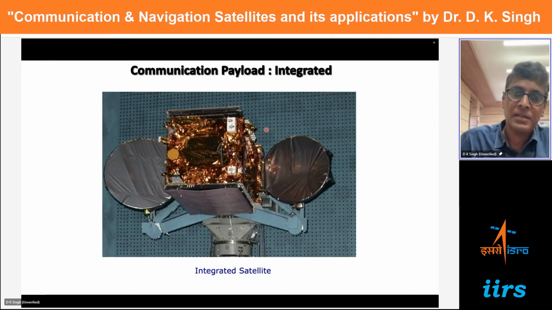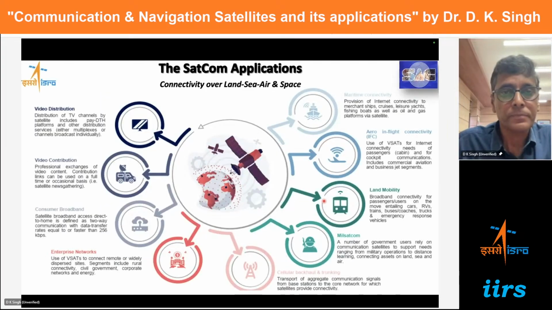And finally these panels are added with other satellite parts, and this is how a full-fledged satellite looks like on Earth. In space, the solar panels here and here will get deployed, and you will get the solar power from them, and these are the antennas, and they are covered with the special material so that it doesn't get heats up and cool down beyond the acceptable limits.